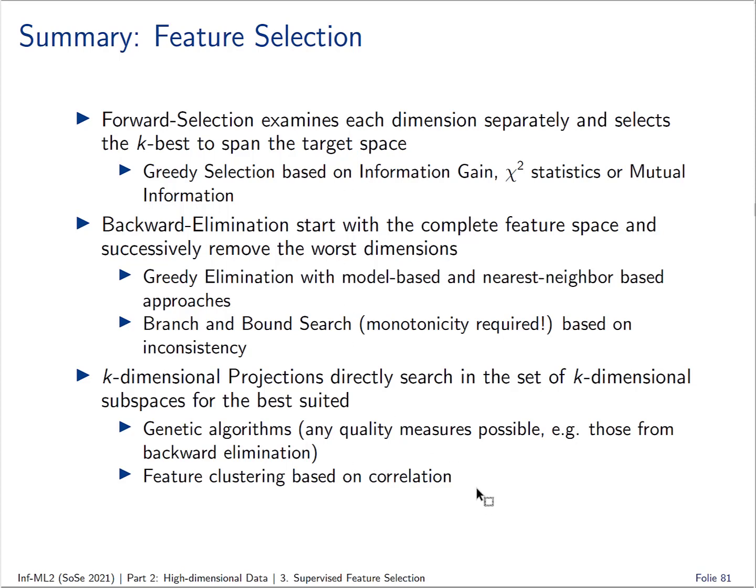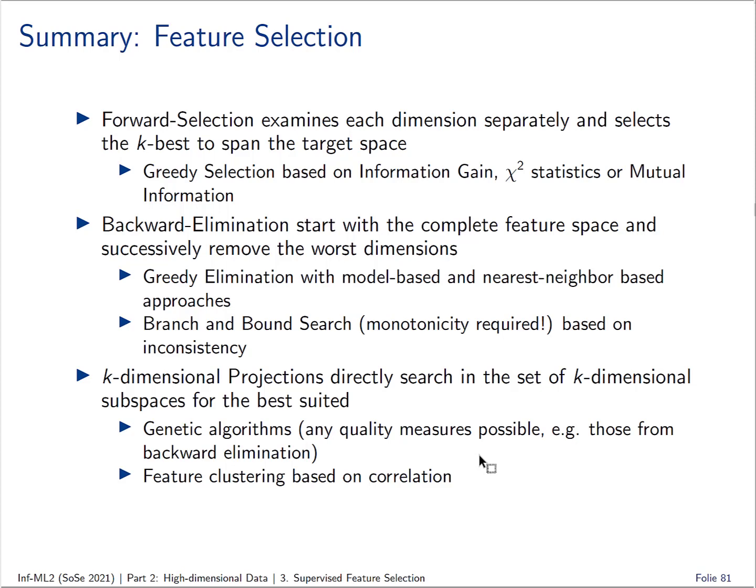So you see again the big picture with the curse of dimensionality and all the things that can happen, that all those different methods somehow trade off the search for the optimal thing, which has a large search space, and of course different quality measures. So always keep that in mind, and if you have to do feature selection, which is very often the case, consider that there are many different ways to do it, and you really have to think carefully about which kind of feature selection you do.